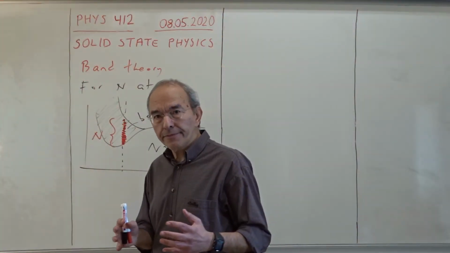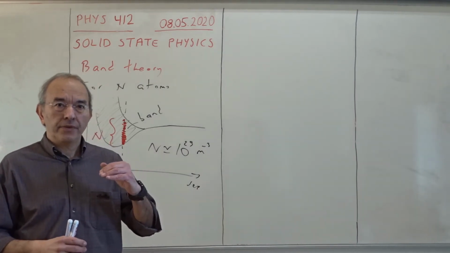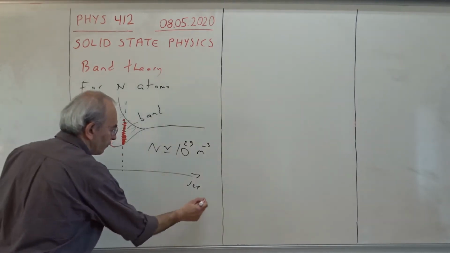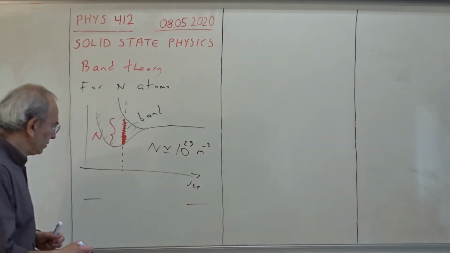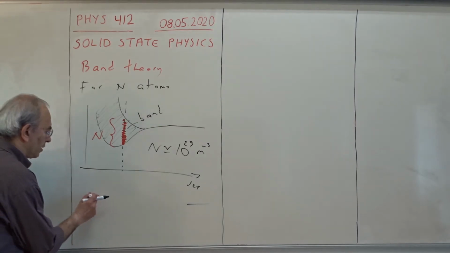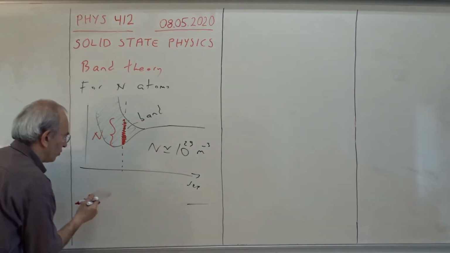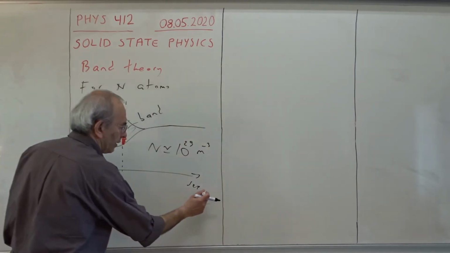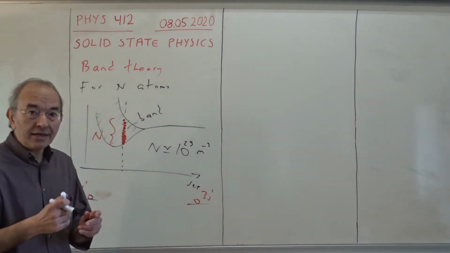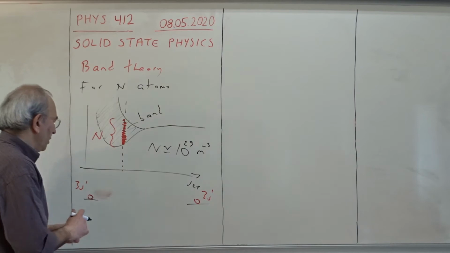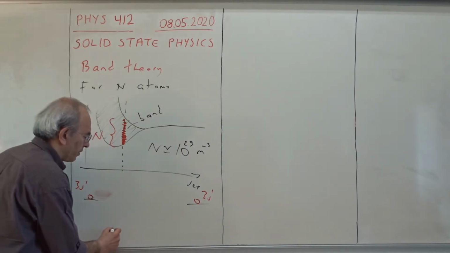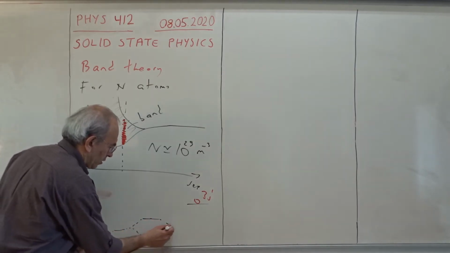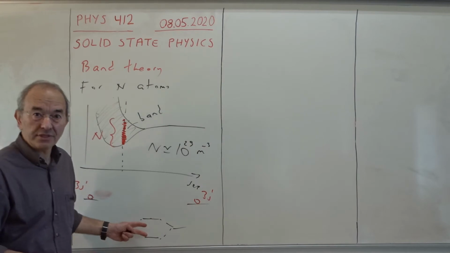Now let's compare how the levels split. First of all, for infinity far apart atoms, we have 3s1 for one and 3s1 for the other. This is the 3s1 electron and 3s1 electron for two infinity far apart sodium atoms. But if they are now brought together, we have two possibilities, as we said previously.